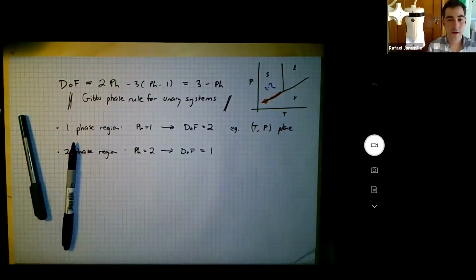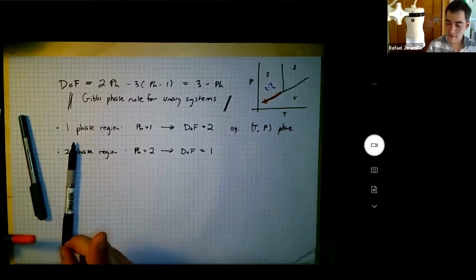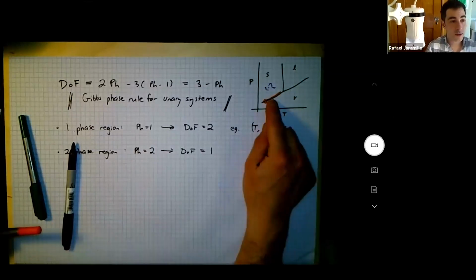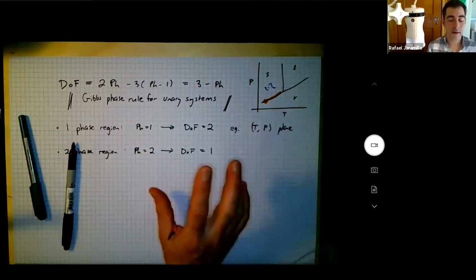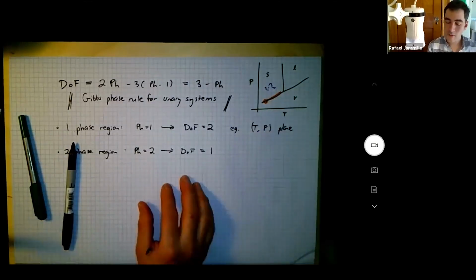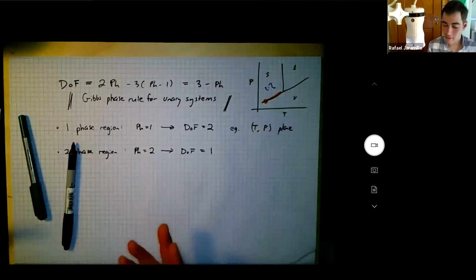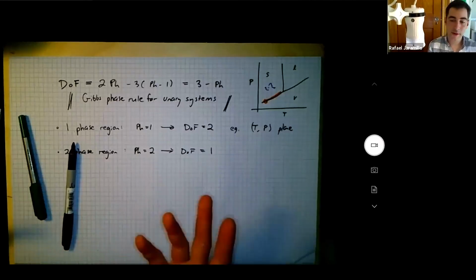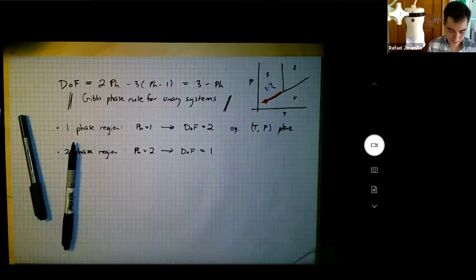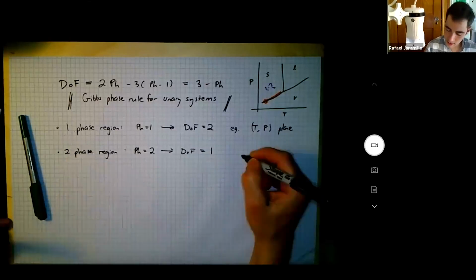That's 1 degree of freedom, right? If I move in temperature, the move in pressure is prescribed. I can't move independently in both pressure and temperature. And it's prescribed by the Clausius-Clapeyron equation. We just derived that, right? So 1 degree of freedom is a line. This is a coexistence line.